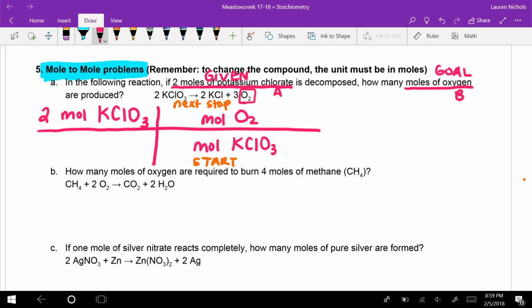So the coefficient in front of potassium chlorate is a 2, and the coefficient in front of oxygen is a 3. And so I'm going to highlight those in green just so that we're reminded of where these numbers come from when we're looking back on our notes. You could also draw arrows from the coefficients to inside your T-chart.